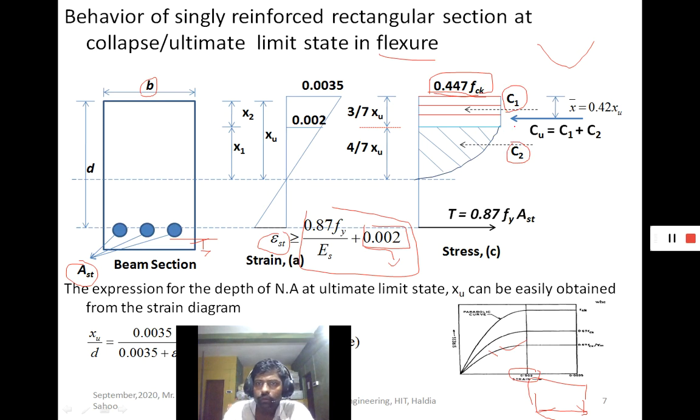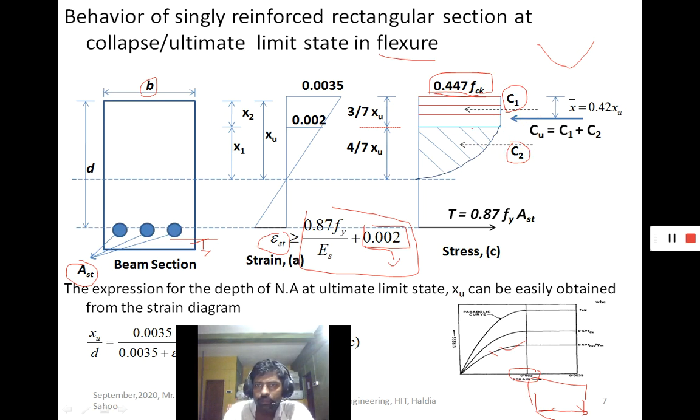So these are the resultant forces. The line of action of the resultant compressive force passes through the CG of this stress block.